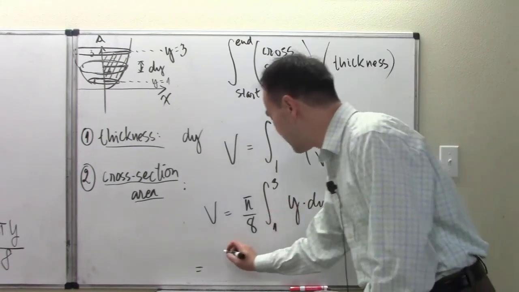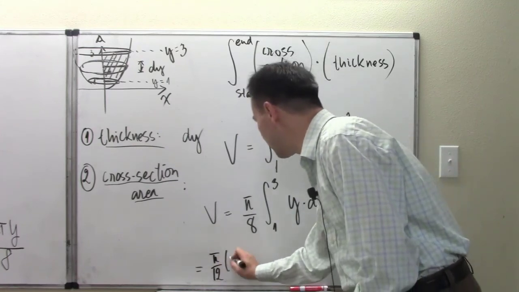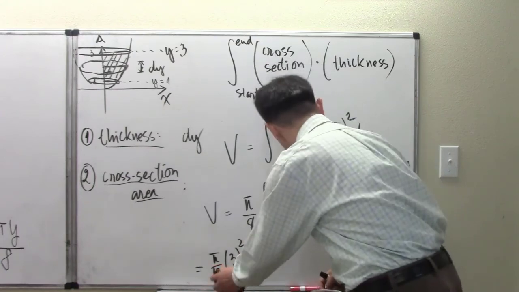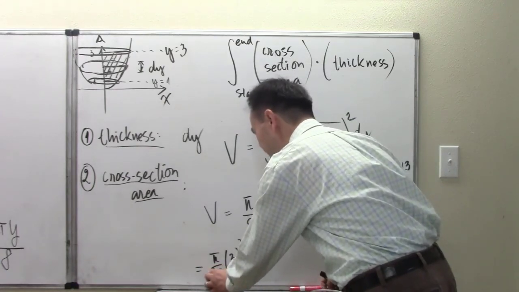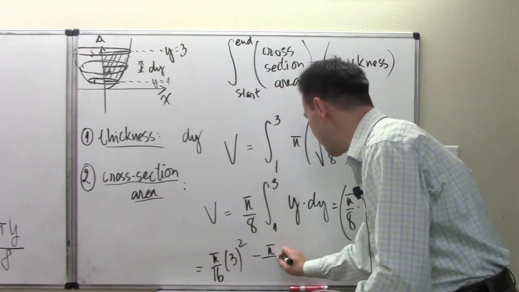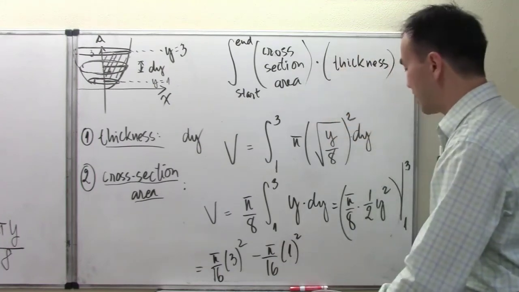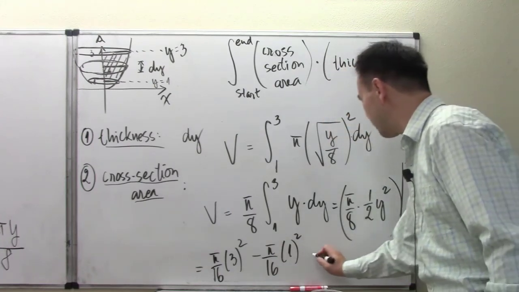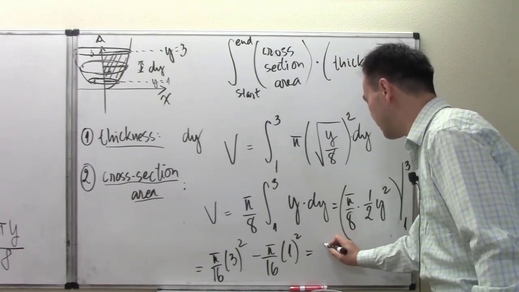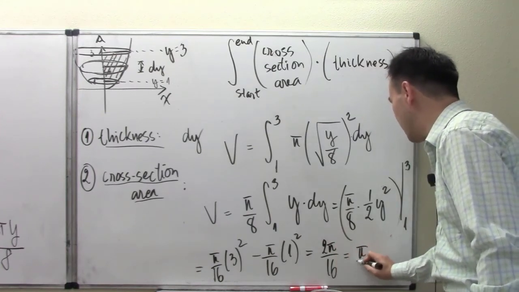By the way, pi over 8 times 1/2 is going to be pi over 16. So I'm looking at pi over 16 multiplied with 3 squared, minus pi over 16 multiplied with 1 squared. I wrote 12 here for some reason, but it's supposed to be 16. So now my answer is going to be simply 2 pi over 16, which is a pi over 8.